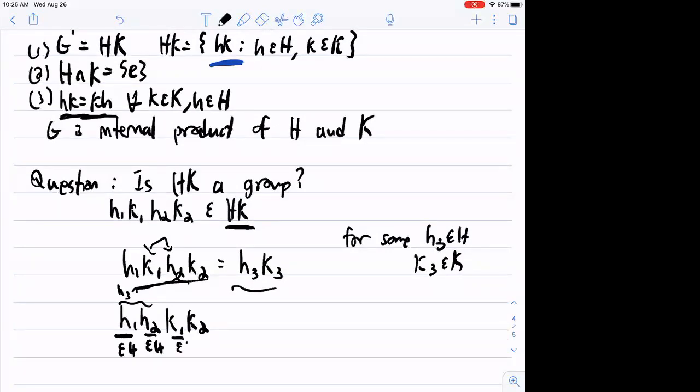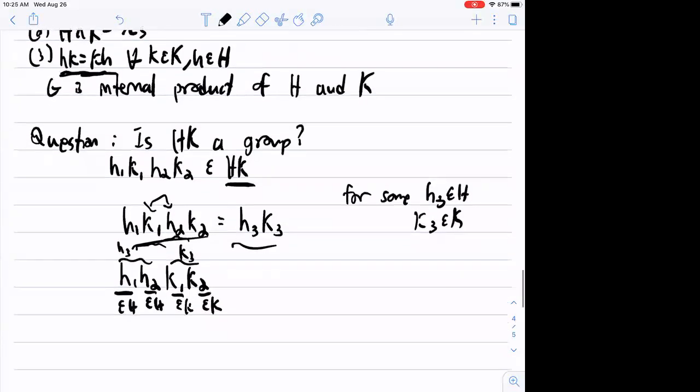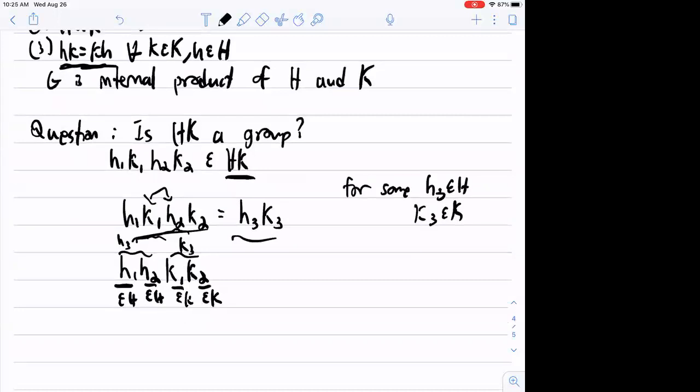And then this is in K, so we call this k3. So it's true if you could swap, but in general you might not be able to swap. Everyone clear so far?